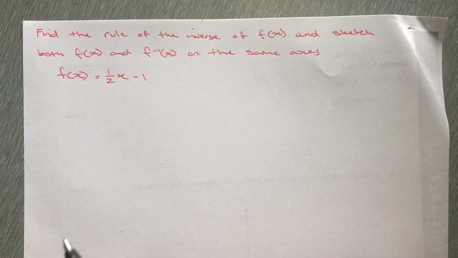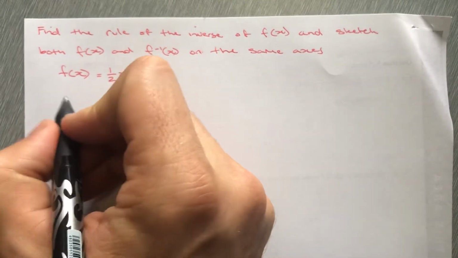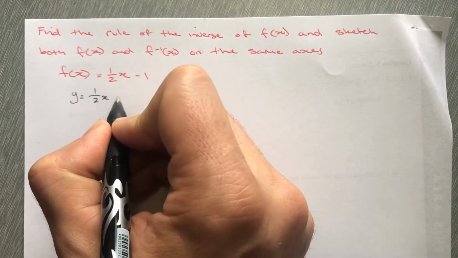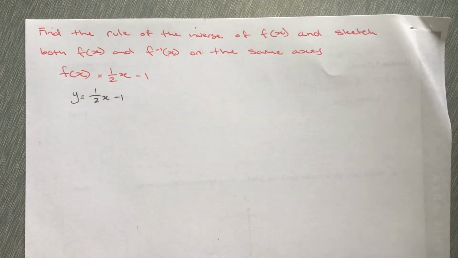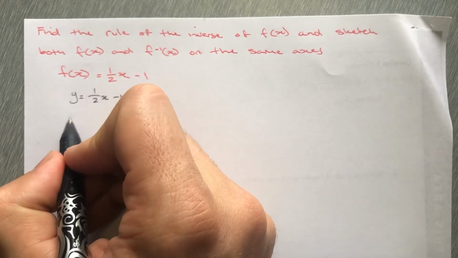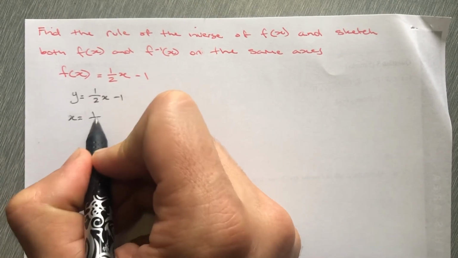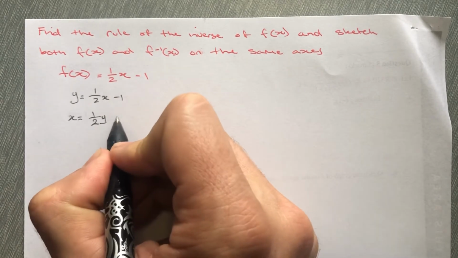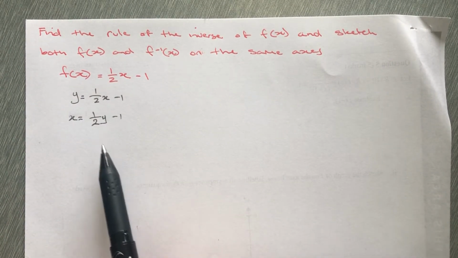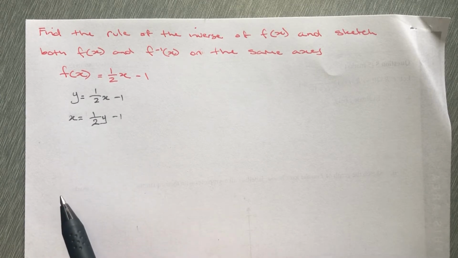We needed to swap x and y and then make y the subject. So let's just forget about this f of x for the moment to make it easier and just use y. Alright, so the first thing we do is swap that x and that y. So that's going to become x. That's going to become y. And now we want to make y the subject.